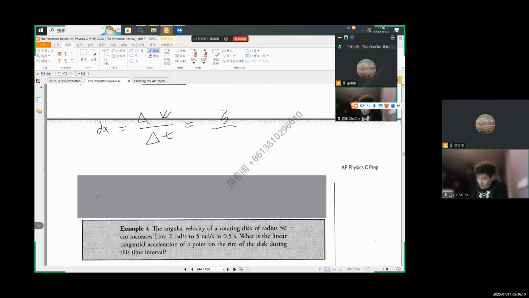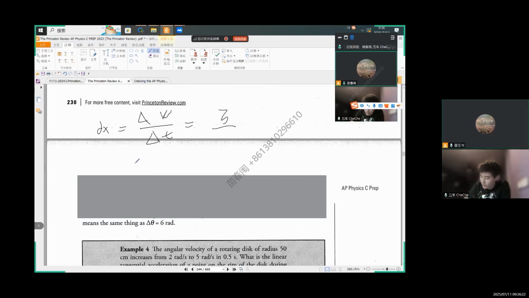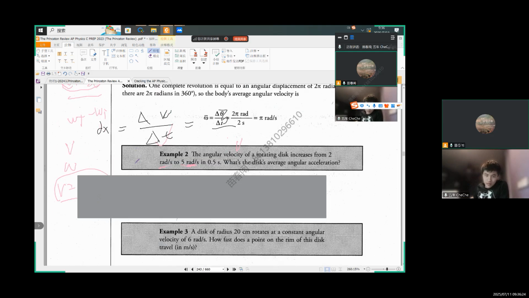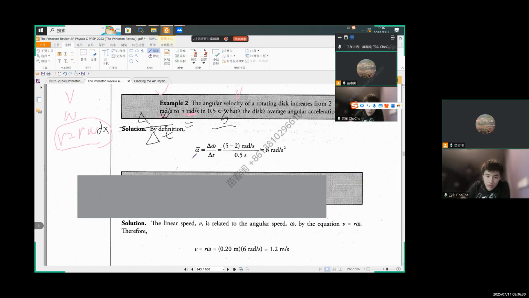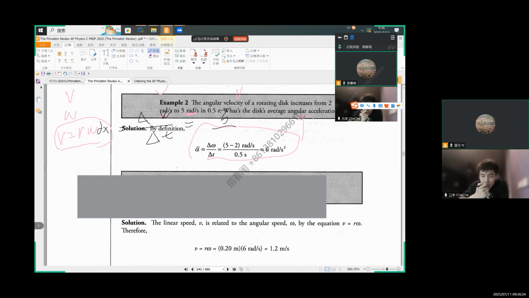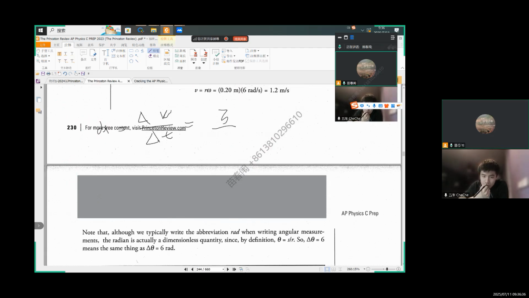This is something from the previous question, right? They're the same background, right? 2, 5, and 0.5. I mean the example 2. Let me see example 2 for a second. Oh yeah, same thing. 2 to 5 in 0.5 seconds. We find angular acceleration at that one, right? For example 2. That's the same question. Example 4 is just the follow-up.